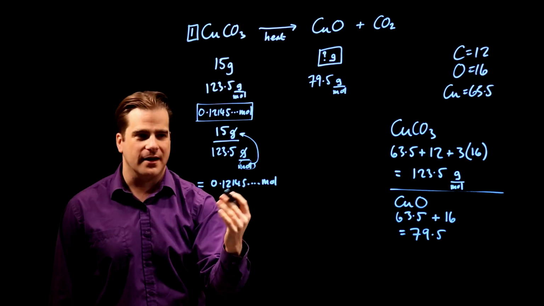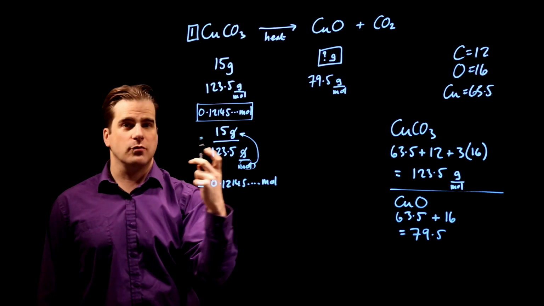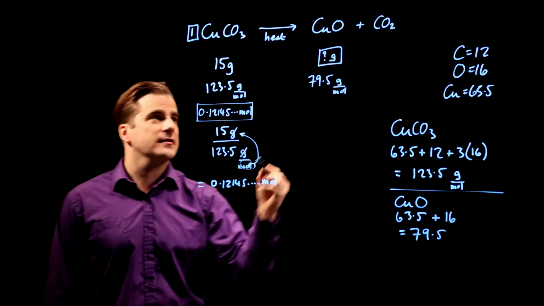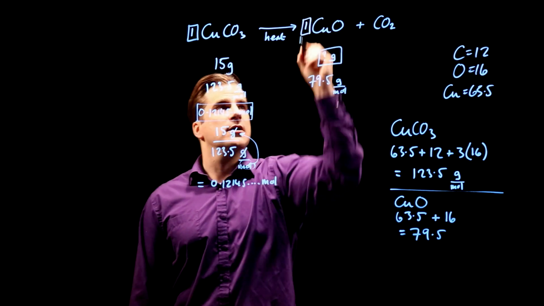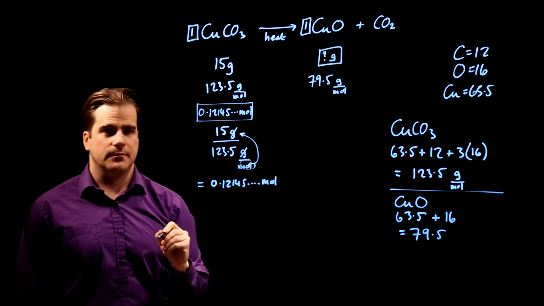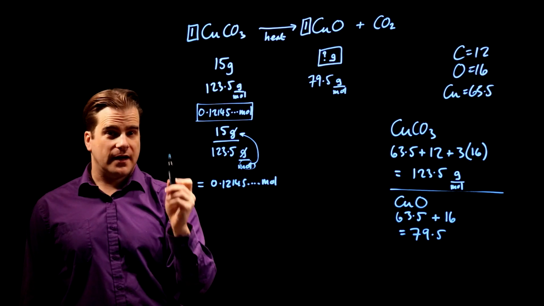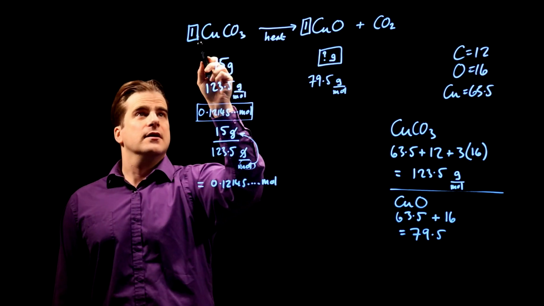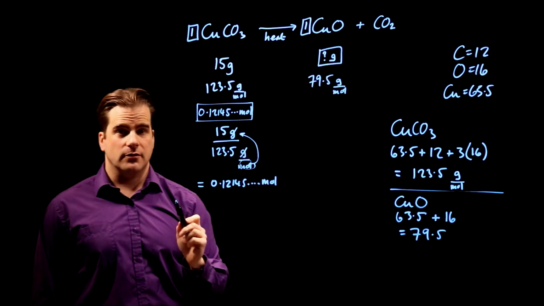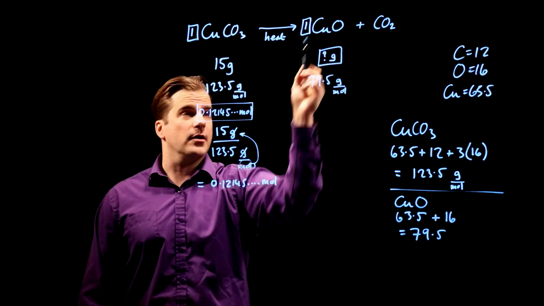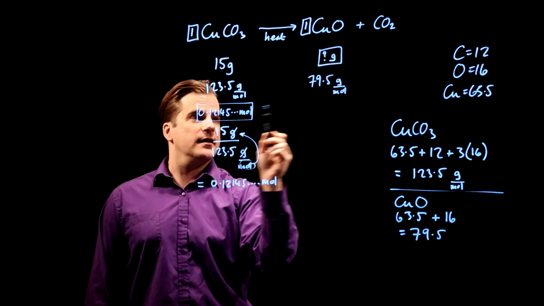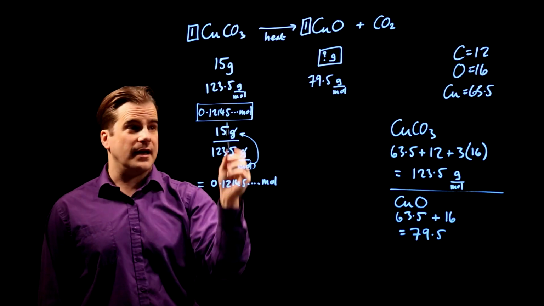There's no number there. In other words, it's an invisible 1. There's 1 molecule of copper carbonate and there's 1 molecule of copper oxide, okay? So that means it's a 1-to-1 ratio, and that tells you the molar ratios. If there's 1 molecule of that to 1 molecule of that, it means there's 1 mole of that to 1 mole of that. So this here, these two mole values will be the same, it's 1-to-1.